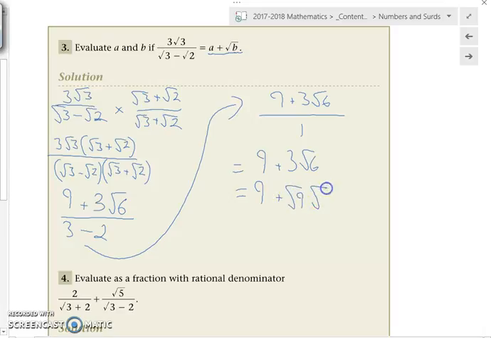Because you've got to get that back under a square root. Okay. Square root of 9 is 3. So we've got that. And root 9 times 6 is 54. Okay. Therefore, A equals 9. B equals 54. Well done.